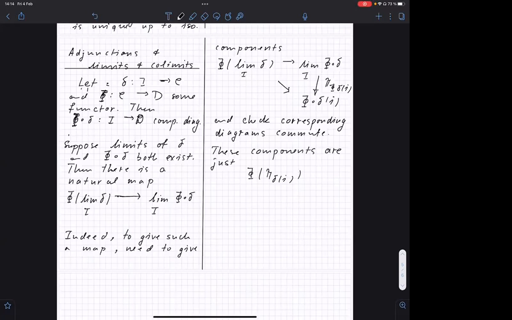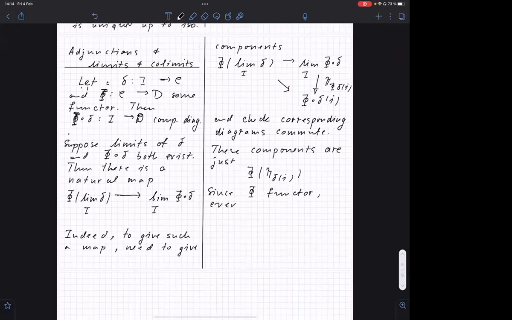And since phi is a functor, everything will commute as necessary. So everything commutes with morphisms in I. So there's always this natural map from phi of the limit to the limit of phi delta.